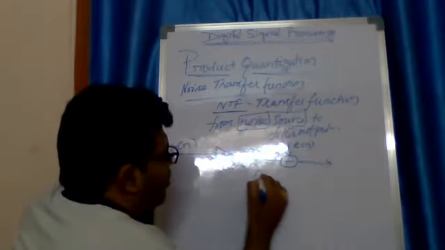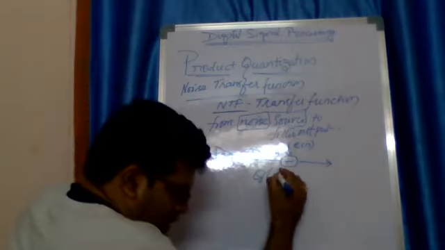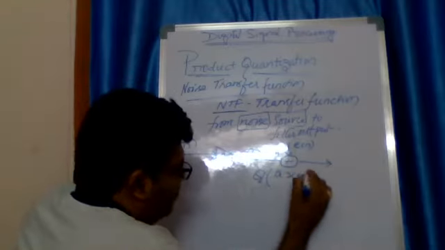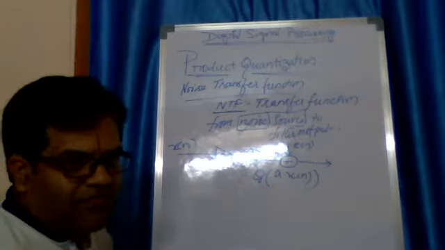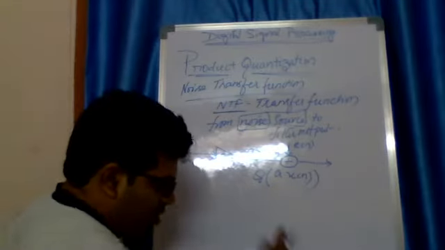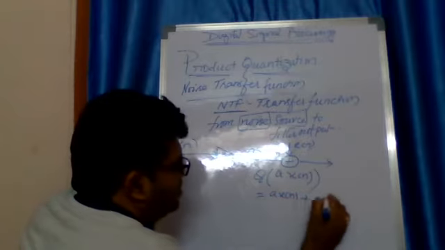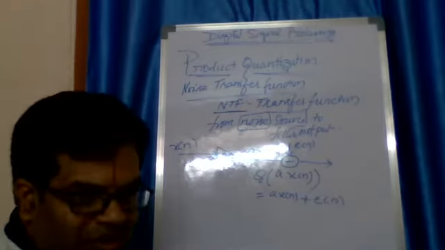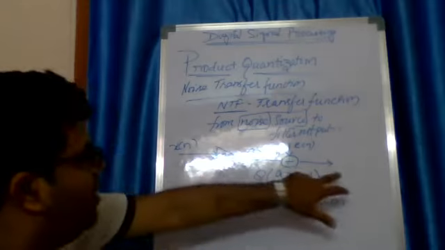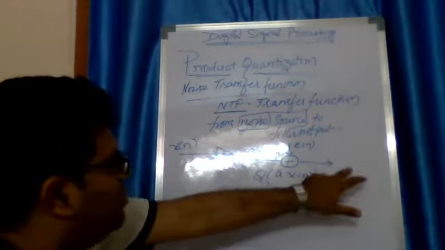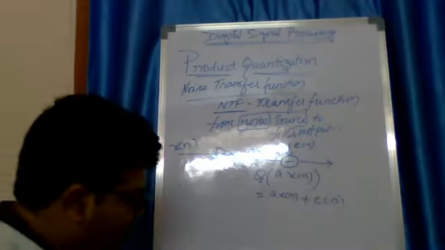So the output will be the quantized part of this, q of a into x of n, which is equal to a into x of n plus e of n. This will be the output that we observe at this point, right?